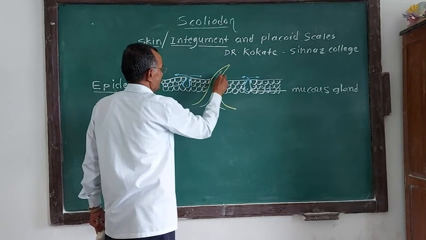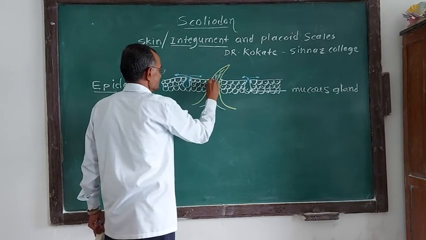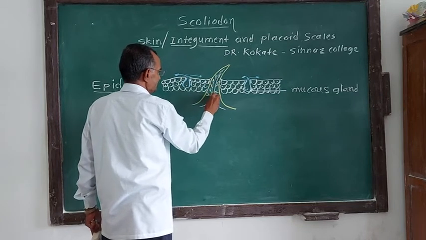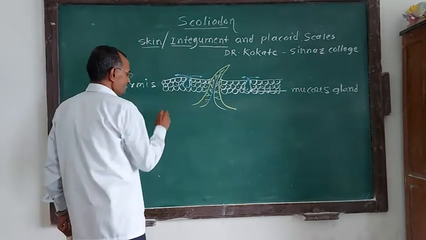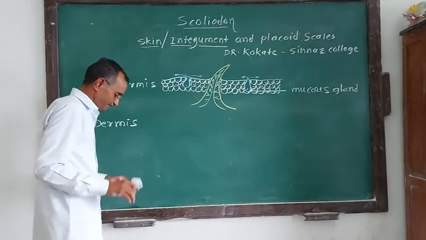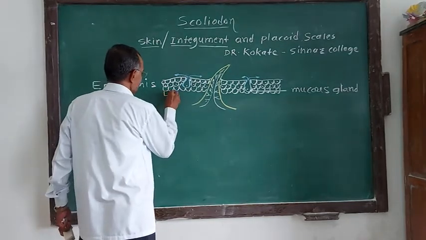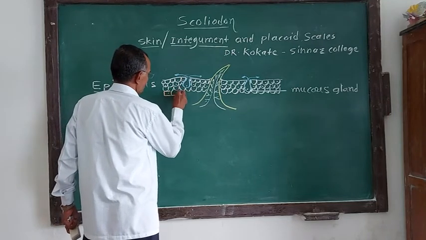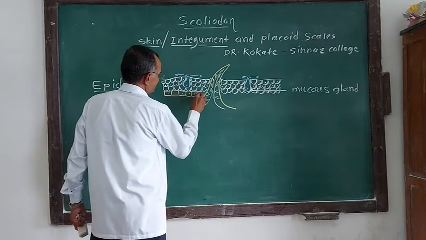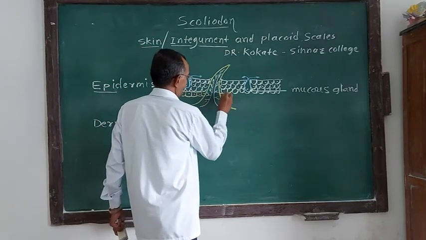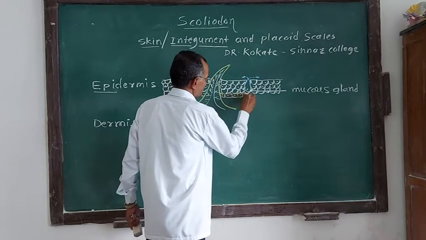A number of canaliculi arise, giving the substance for formation of these spines, which we call dentine. Now, the lowermost or innermost layer of this epidermis is made up of rectangular cells like this, and these cells form a separate layer in this manner.